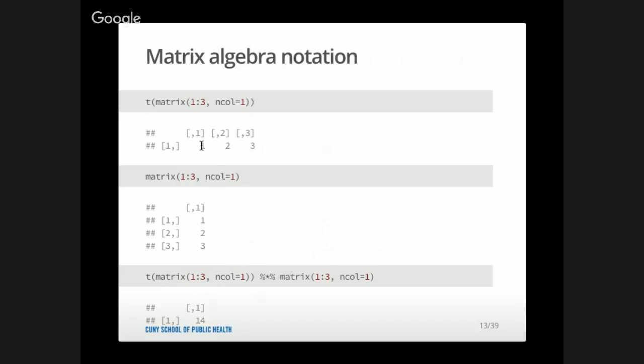And what happens, it's 1 times 1 plus 2 times 2 plus 3 times 3, which is 1 plus 4 plus 9, 14. So you can see it ends up just being the sum of the products of each element. This is yi minus yj transpose times yi minus yj. So far, so good? Great.